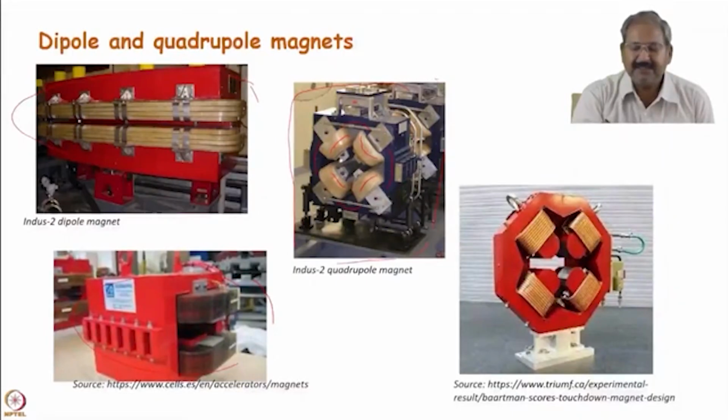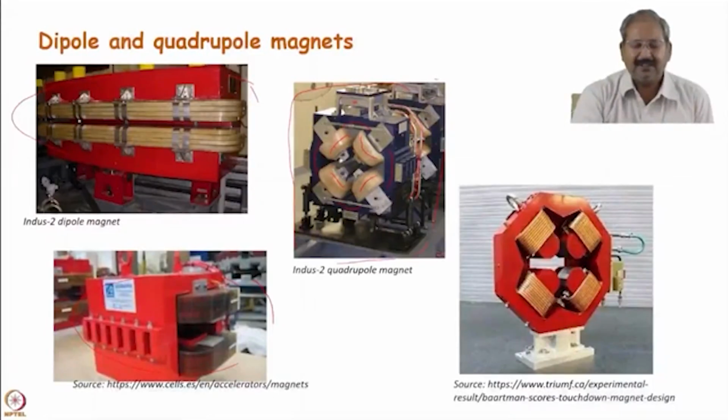Now you can see one interesting thing here. A simple magnet in a drawing is really very complicated when it is fabricated. Now you can see certain tubes here. What are those tubes? In such types of magnets, when we want to focus a very high energy beam, it requires a huge current in these coils. This current may be on the order of 1000 amperes. So you have to cool down the coils with flowing current.